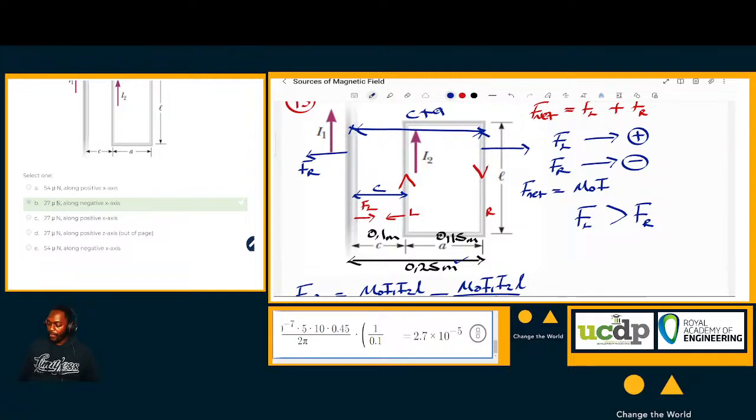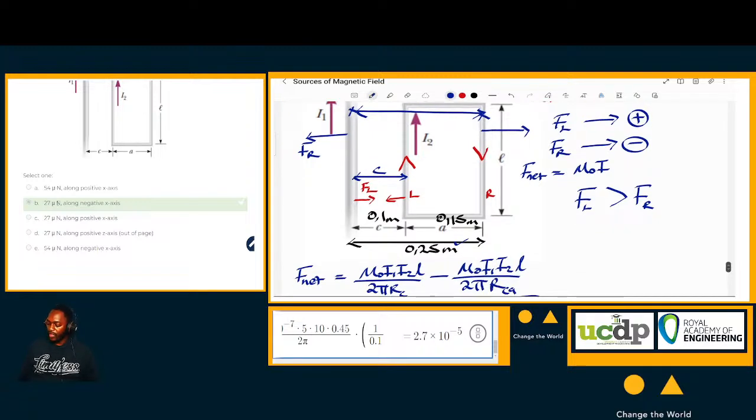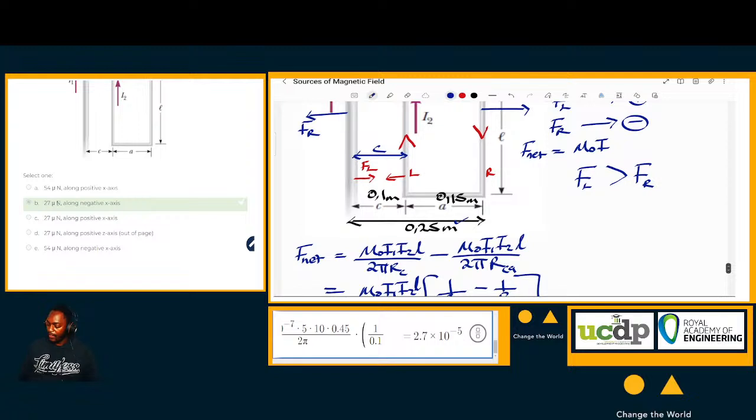Why? The inverse square law. Look at the radius. For FR, the radius is larger.